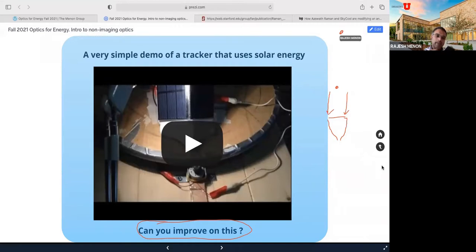Now, everything is good. I can collect it onto the solar cell. But if the sun is over here, I'm going to get rays that are outside the acceptance angle. If this angle theta input is greater than the acceptance angle theta, then I will not collect anything, right?